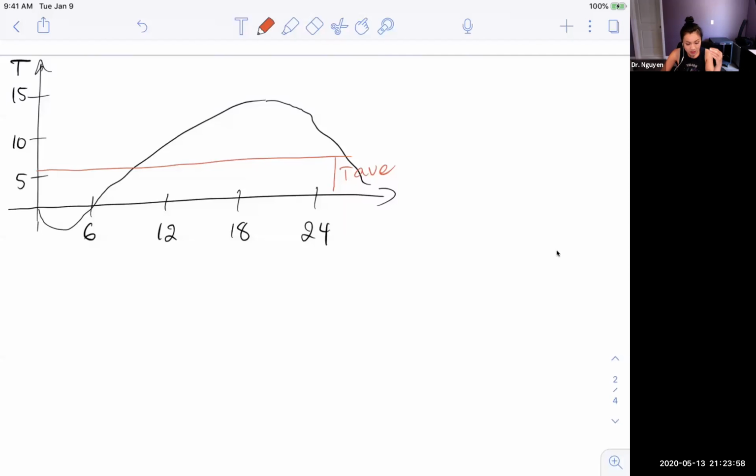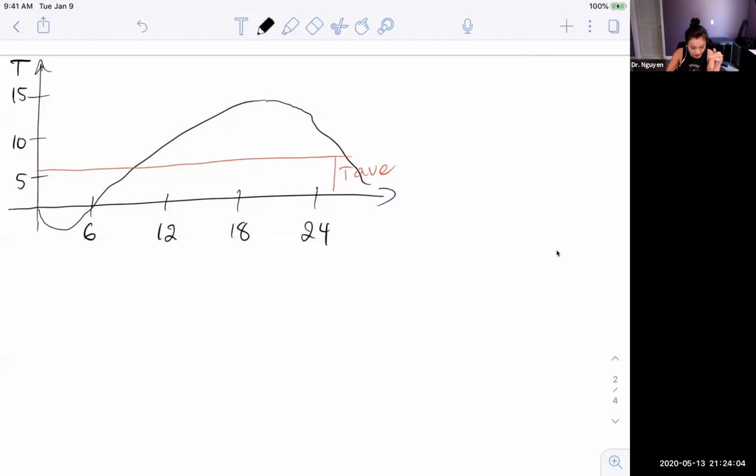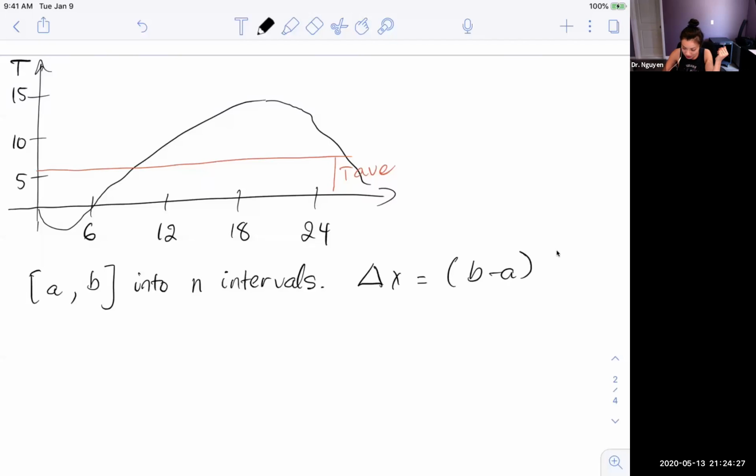Now, if I start dividing the interval a and b into subintervals, let's say into n subintervals, and each length I'm gonna call delta x, so it's b minus a over n.